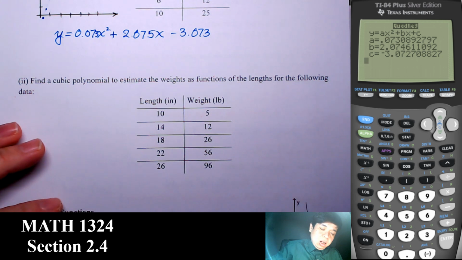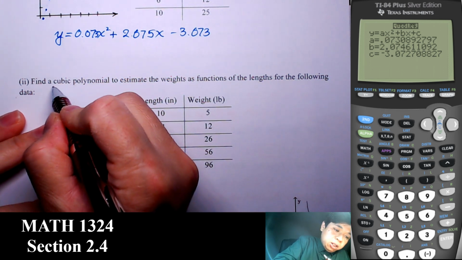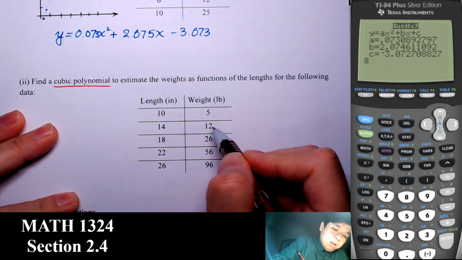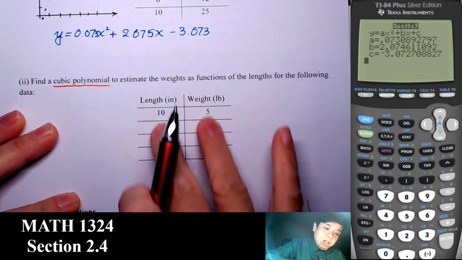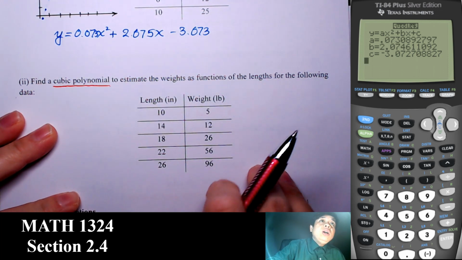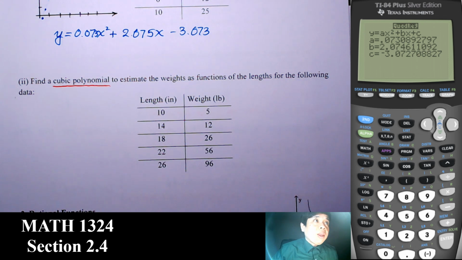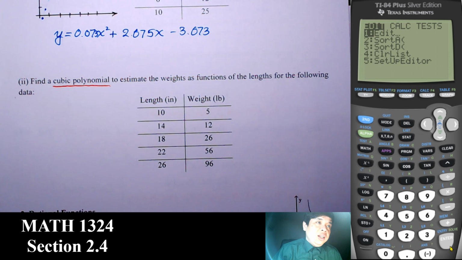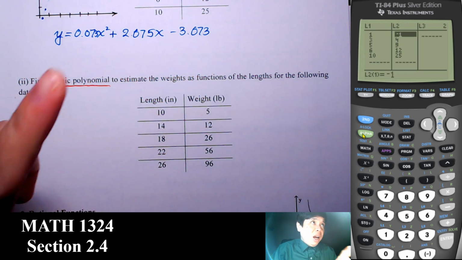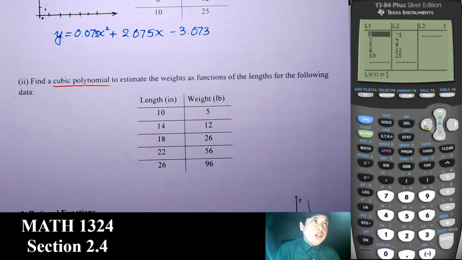Next we go to the cubic polynomial that best fits this. So again, we enter the lists in L1, L2, and do the best fit. We'll start again in edit. Of course, you can just enter the data on top of it. If you want to clear the list, I said never hit delete.